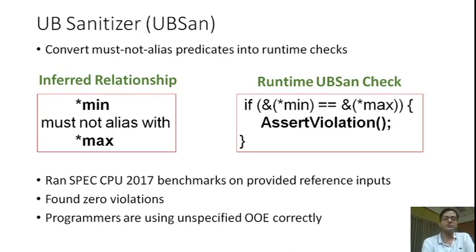For example, if the OOElala algorithm infers that starmin must not alias with starmax, then a runtime check is emitted in the UBSAN mode, which checks that this relationship indeed holds at runtime. This instrumented binary that contains these runtime checks was run on the provided reference inputs with the SPEC CPU 2017 benchmarks, and we found no violations of such must-not-alias relationships. This seems to indicate that programmers are using unspecified order of evaluation correctly in C.